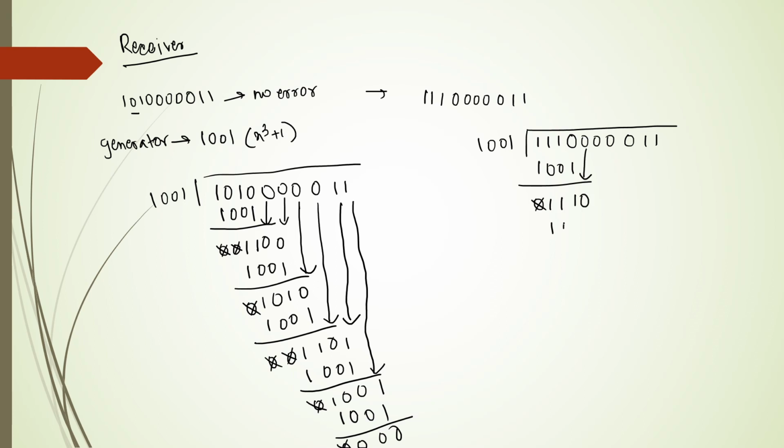We will have 1 0 0 1. So 1 and 0 will be 1, 1 and 0 will be 1. This will be 1, this will be a 0. Cut this off, take down this 0. It will be 1 0 0 1. So it will be 1 1 1 and a 0. Cut this off, take down this 0.